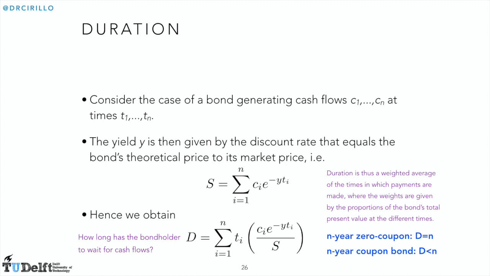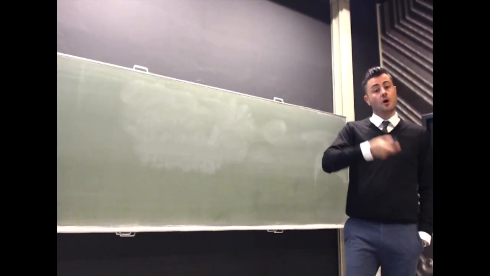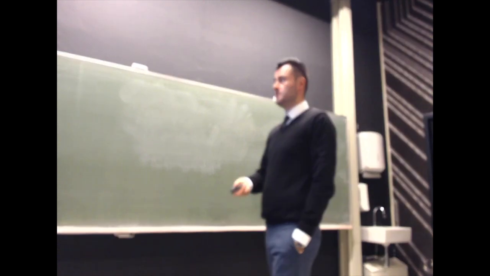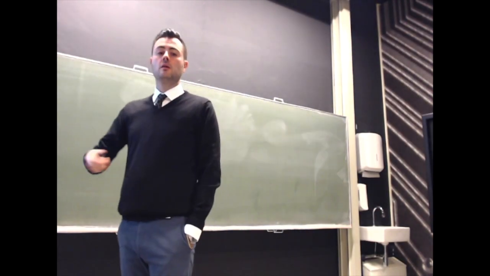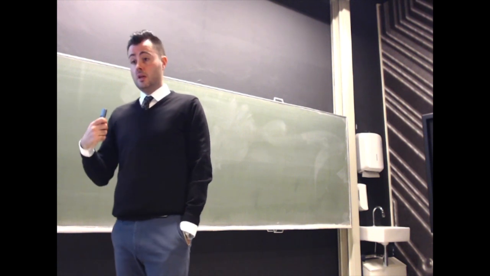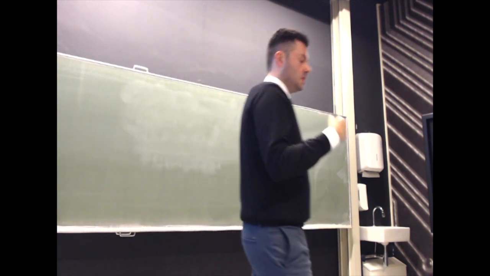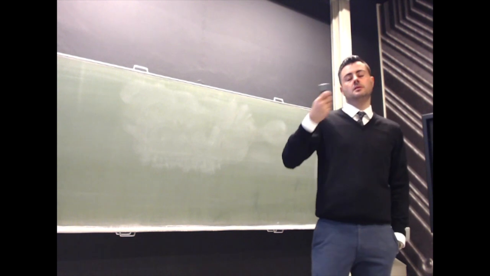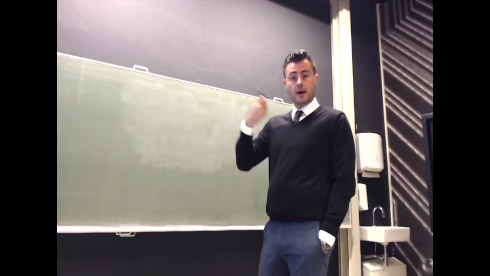And I can use this weight to weight what? The maturities, the T's. So duration can be seen as a weighted average of the maturities, of the times at which I receive money from my investment. Or if I'm writing the investment, the times at which I will pay money.